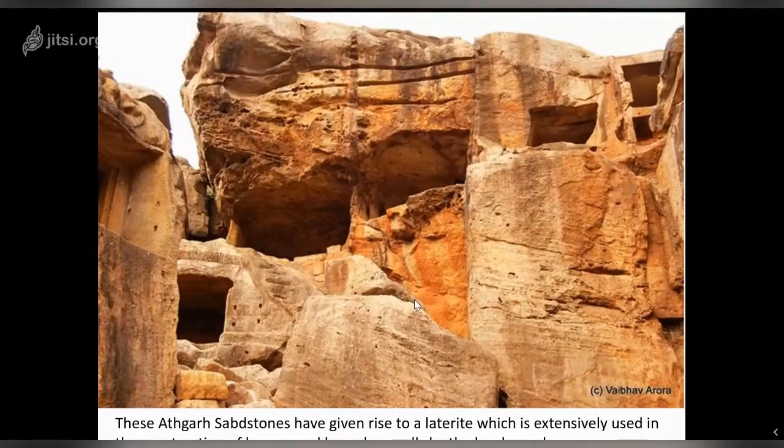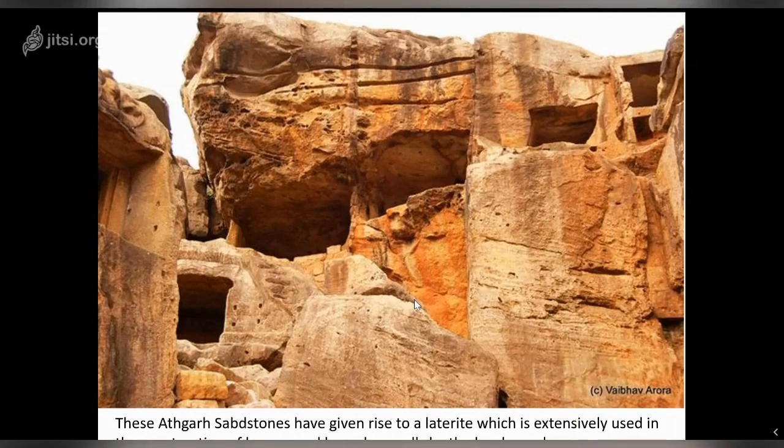Another interesting part of this sandstone is that it is restricted. Gondwana sandstone, which is known as Artigarh sandstone, is restricted to a small area between Bhubaneswar and Khurda, and a little beyond Khurda. It's a small patch of Gondwana sandstone, which has weathered, and a thick horizon of laterite has formed above this.